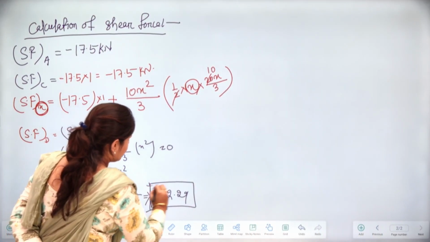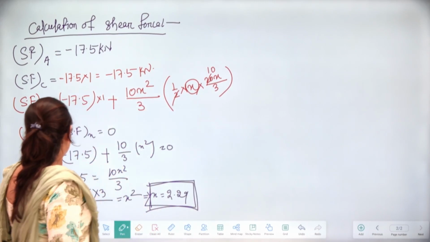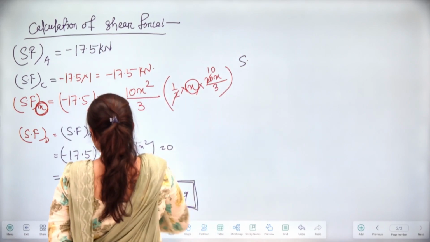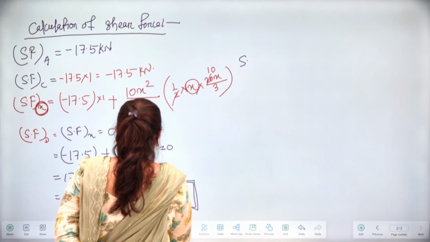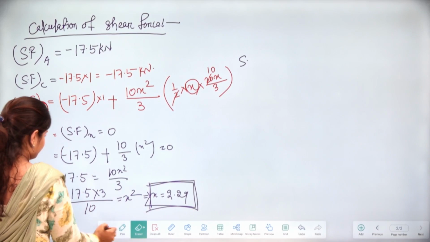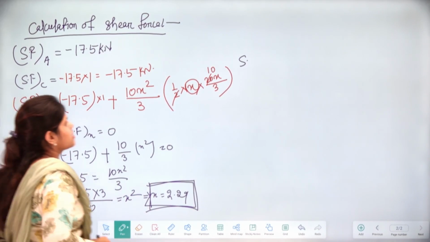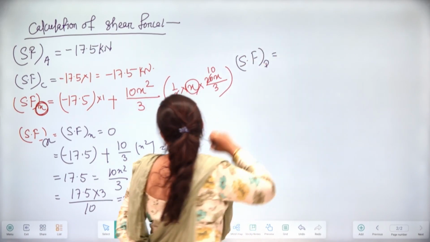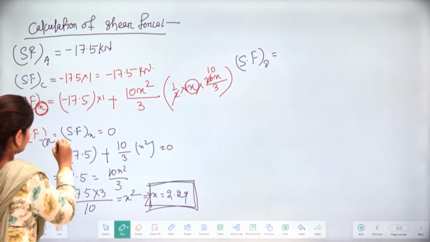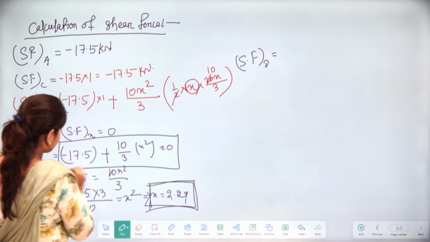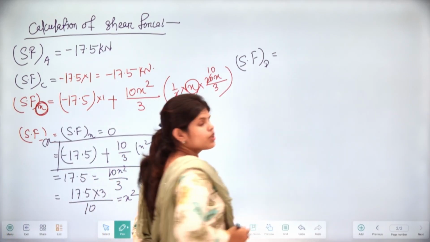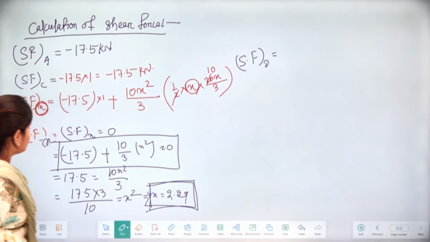Now we do have the x value here. This is your shear force at x. So now shear force at D. You can see if we just put x as 3 in the case of shear force at D, we will find out the value.